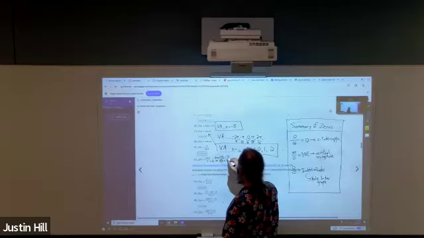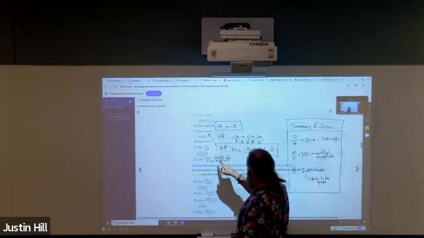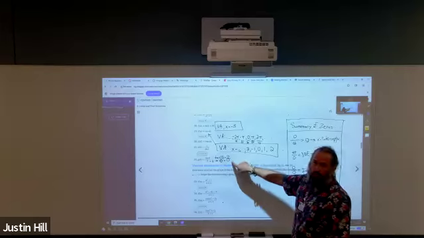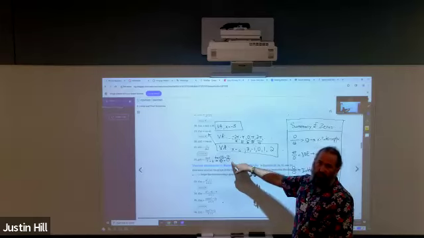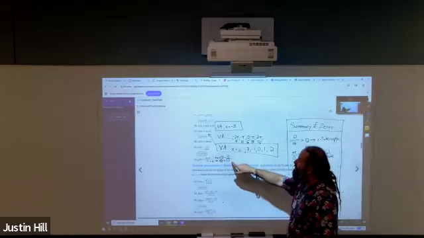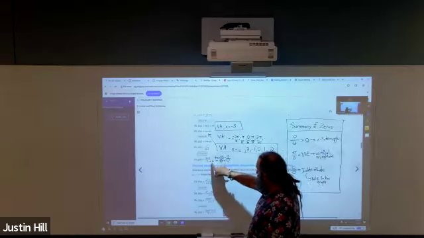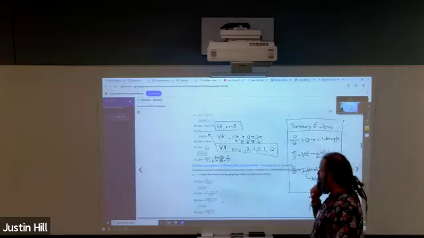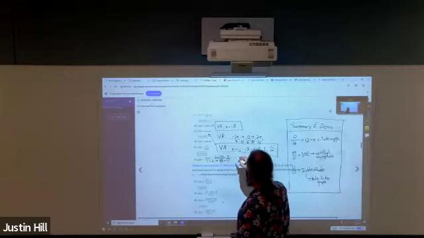I'm so sorry, guys. So theta equals zero actually gives you zero over zero, which is not a vertical asymptote. That's a hole in the graph, or a removable discontinuity. So theta equals zero is going to be a removable discontinuity, not a vertical asymptote.